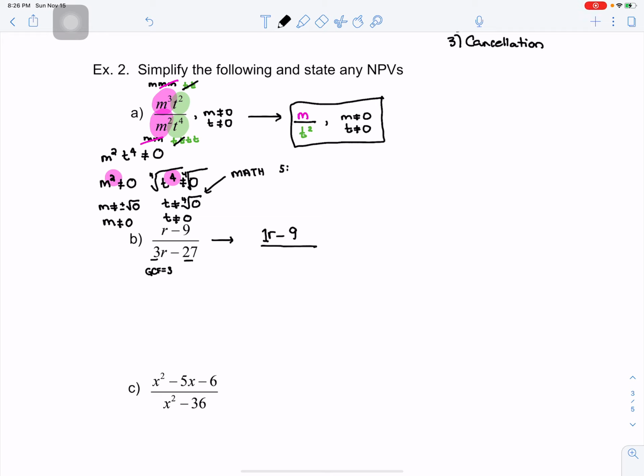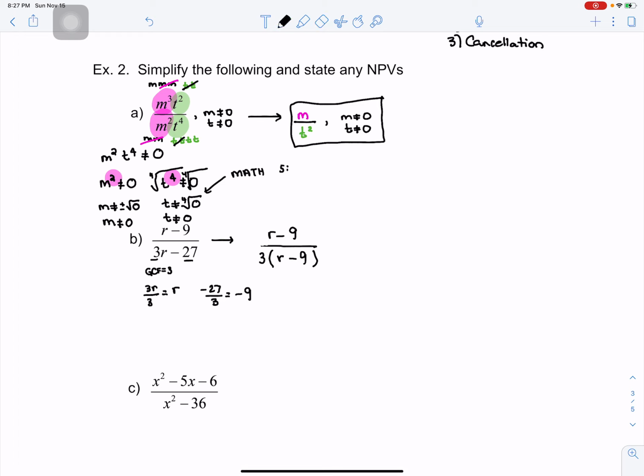So I'm going to factor out the 3. And I ask myself, what's left over? So 3R divided by 3 is R, minus 27 divided by 3 is minus 9. Okay, and I'm also going to get rid of this 1 just because I don't really need it.